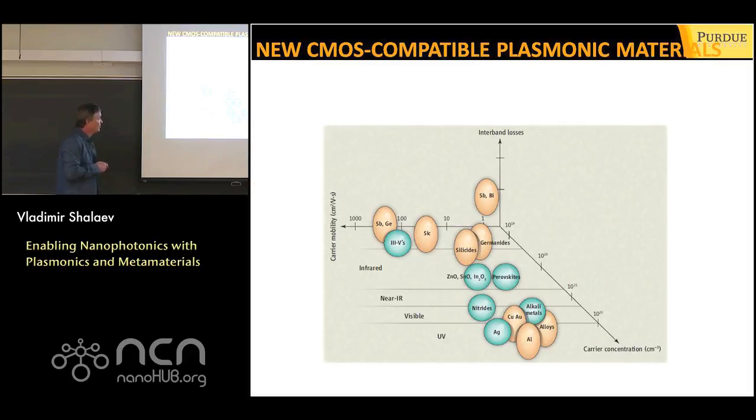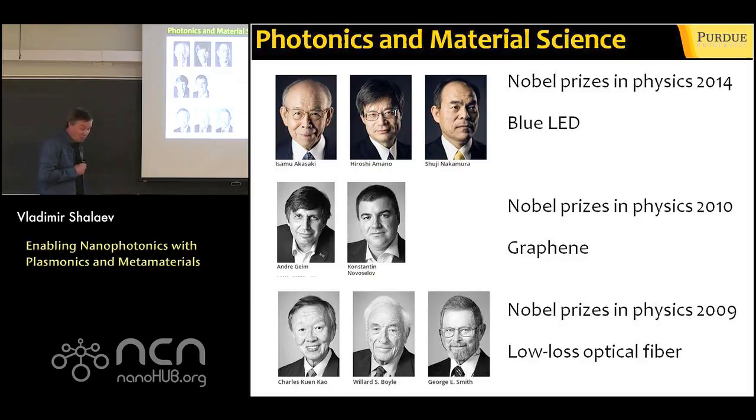In terms of near-infrared, I already mentioned transparent conducting oxides actually look very promising for plasmonic materials, and they could be switchable, tunable, with lots of advantages over gold and silver. And in terms of visible, as I pointed out, these transition metal nitrides. So the point is we are not limited to gold and silver. There are many other classes of materials to explore, which could have and do have advantageous properties over traditionally used plasmonic materials.